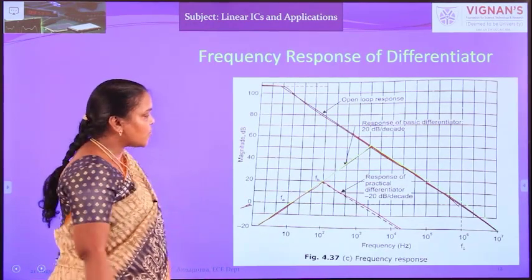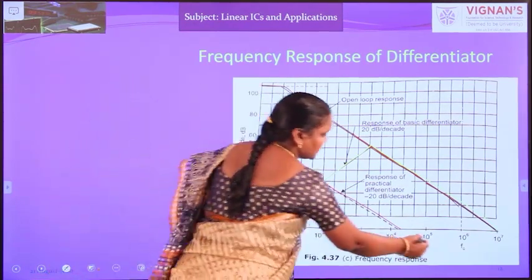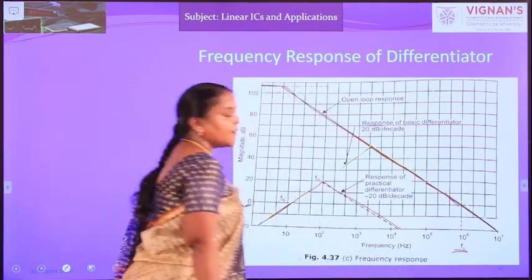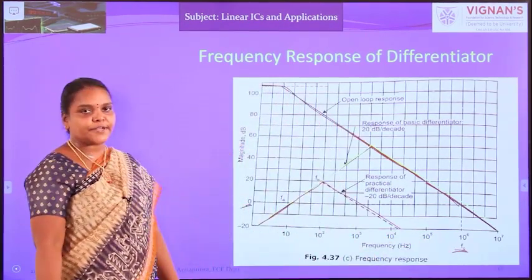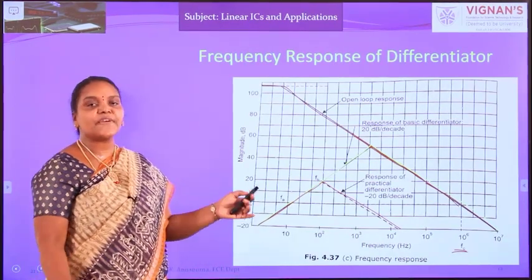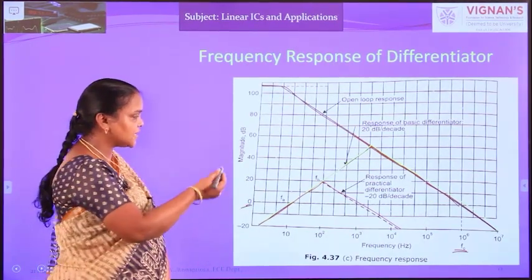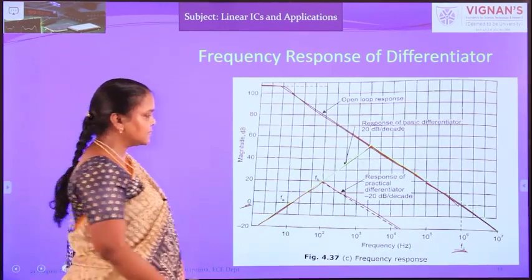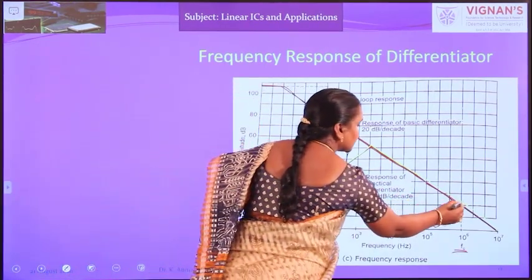And what is this FC? It is the unity gain bandwidth product. That is gain bandwidth product. So where the response is having unity gain. Unity gain means it is 0 decibels.